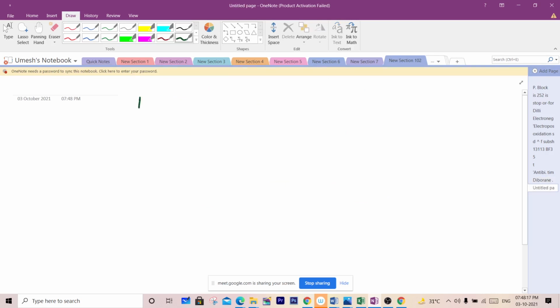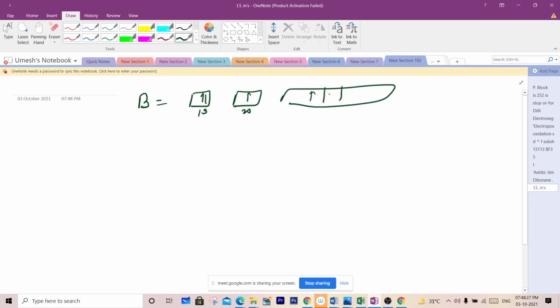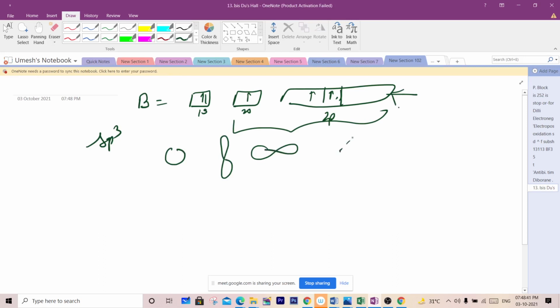For that, it is said that boron after excitation is 1s2, 2s1, and 2p2. It undergoes sp3 hybridization. This empty orbital also takes part in bonding. 2s, 2px, 2py, and 2pz.